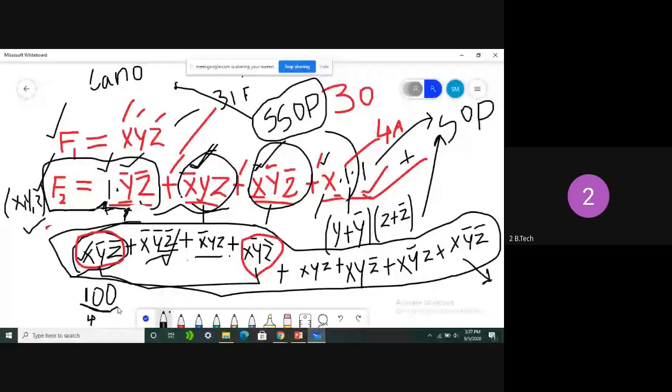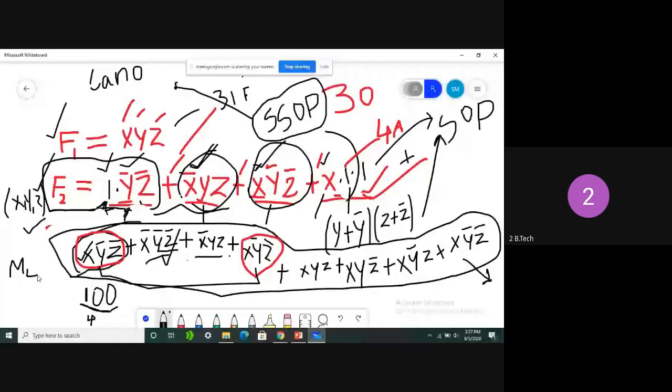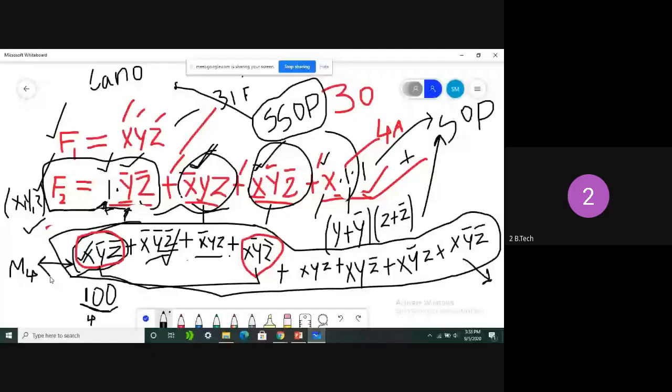So we represent it as M suffix 4, which represents the logic of 4. 4 means 100, and 100 means X, Y bar, Z bar. This is the short notation, so both represent the same value. So M4 is nothing but the short notation for the X, Y bar, Z bar product term. Clear all of you? Yes, sir. M indicates min term.